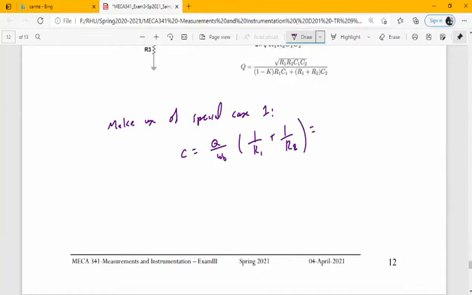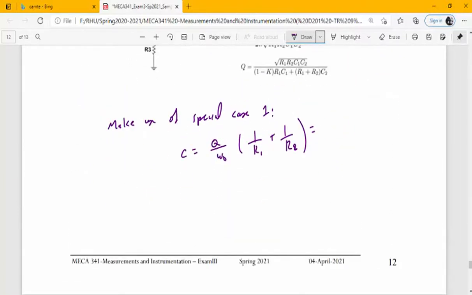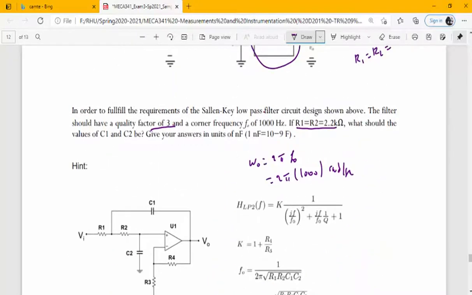Omega 0 is given as well, which is 2 pi f0 radians per second. Because R1 and R2 are equal, we can write it as Q over 2 pi f0 times 1 over R1 plus 1 over R2, which is equal to 2 over R in general, such that R is equal to R1 equal to R2, equal to what is given to us, 2.2 kilo ohm.